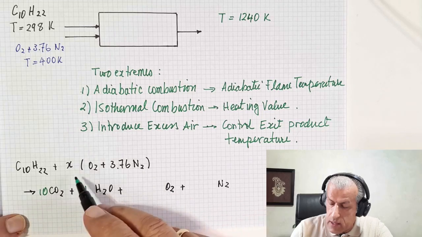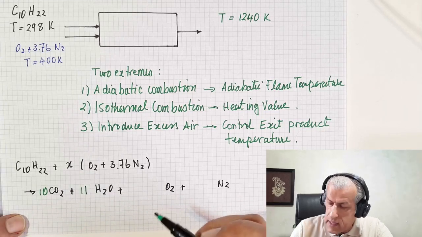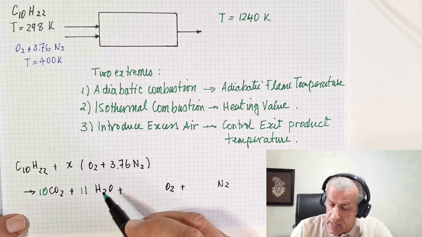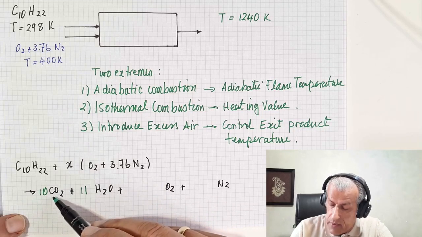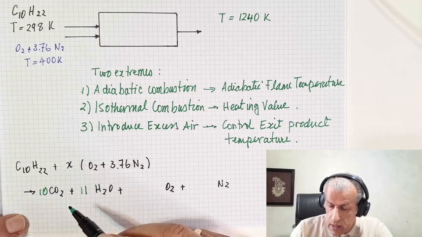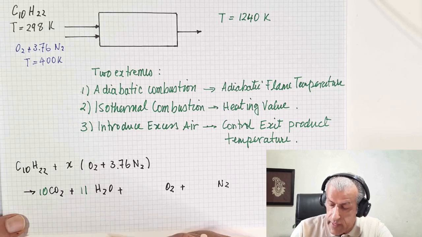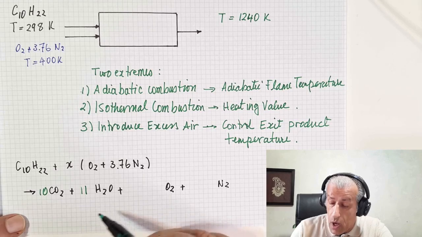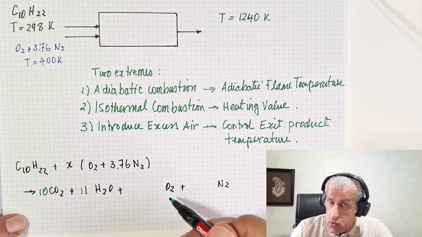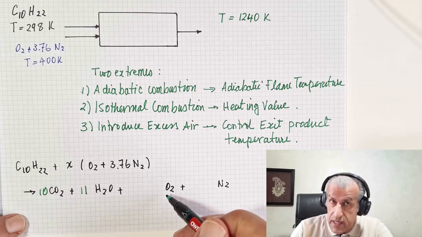There are X O2 added here, and some of it is absorbed by carbon and hydrogen: 10 O2, 20 here, 11 here, that would be 31 oxygens, which is 15.5 O2s.